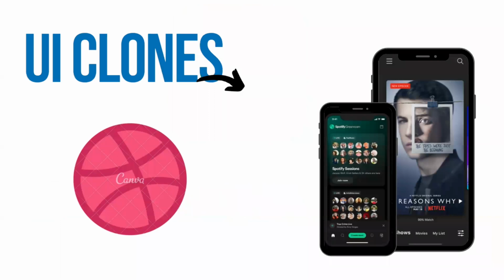So when starting out, what should you basically do if you want to become a Flutter developer? For any tech stack, the first things that you can work with are UI clones, because unlike in Android Studio, you cannot drag and drop most of these elements and arrange them on screen.